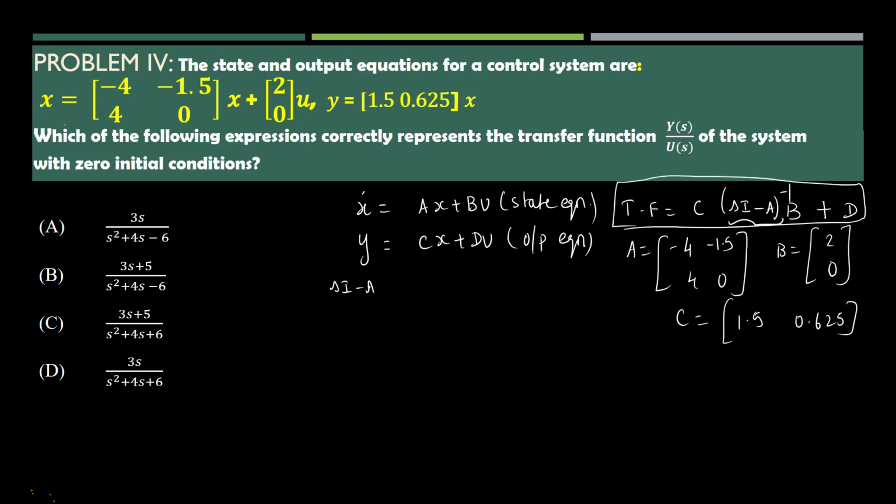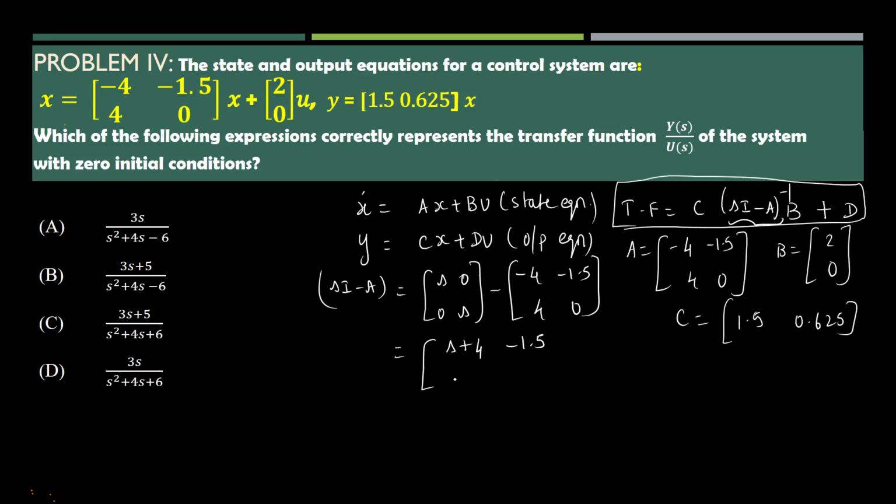First, let me find sI minus A matrix. sI means using the identity matrix, s, 0, 0, s, minus the given A matrix, minus 4, minus 1.5, 4, 0. So the matrix will become s plus 4, 1.5, minus 4, s.